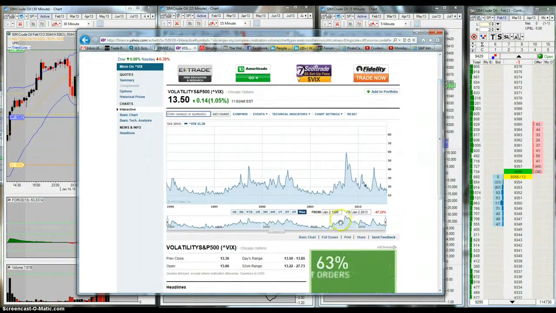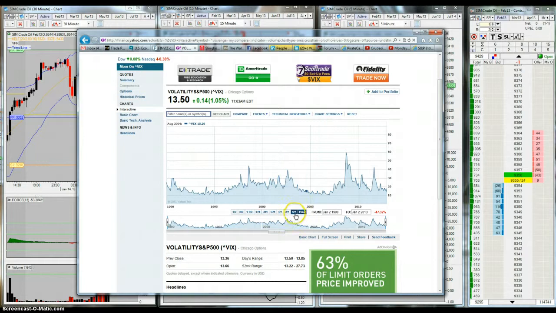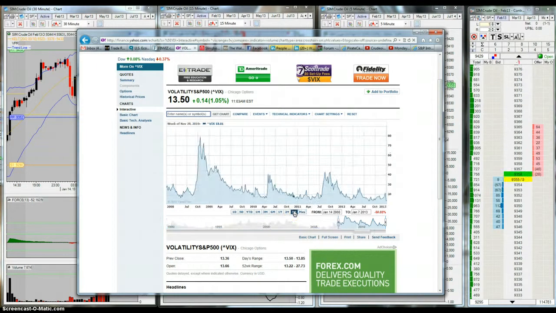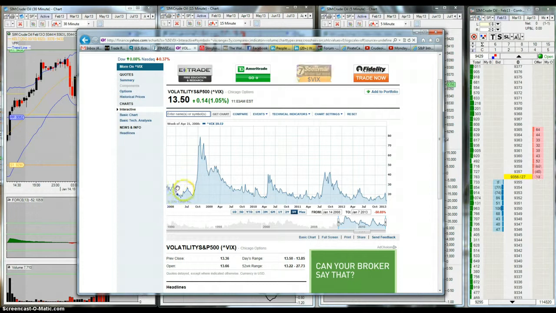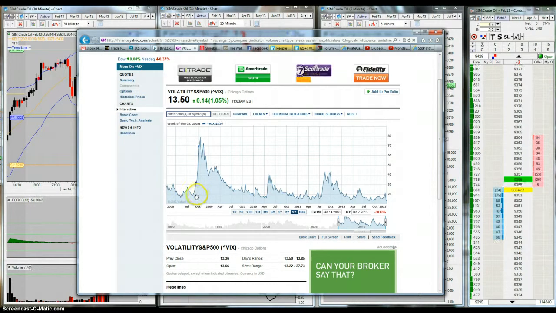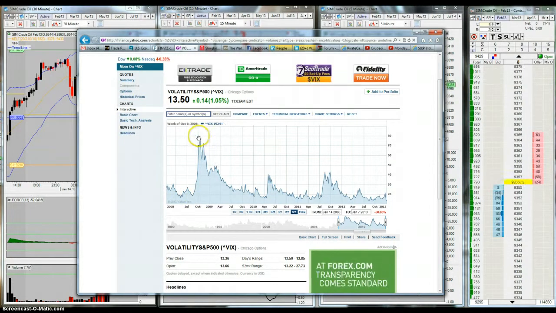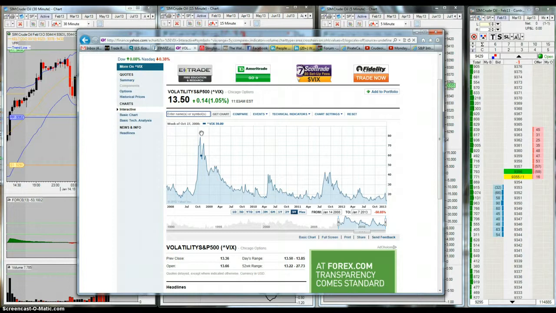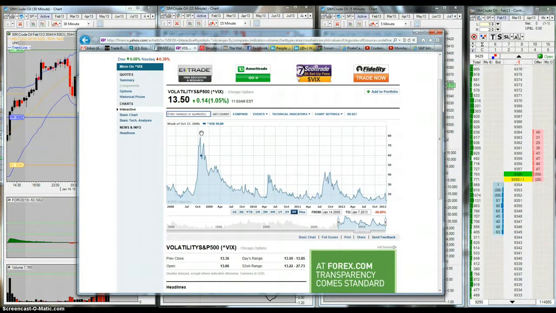I want to give you a history of, well, maybe not that much of a history. This goes all the way back to 1990, but let's just see if we can get, okay. This is the banking crisis of 2008. You can see that this actually spiked up to over 90. It's not showing here because it was an intraday spike and then it closed, but the VIX was up to 80. If you look back at those charts of the S&P, the ranges on those days are unbelievable.